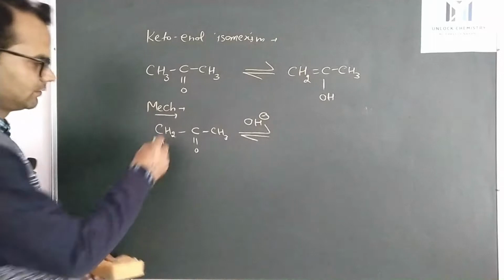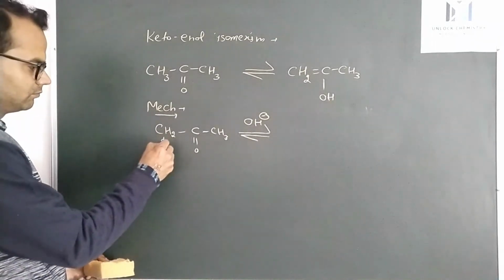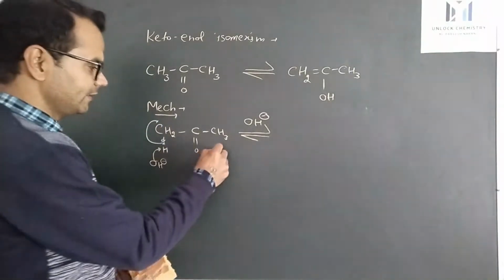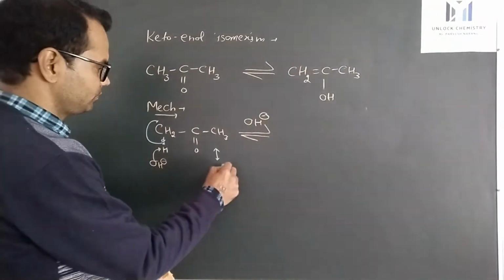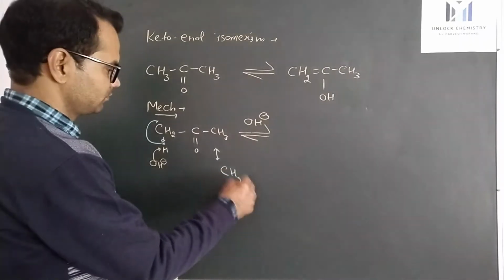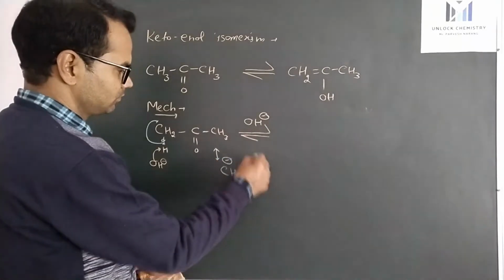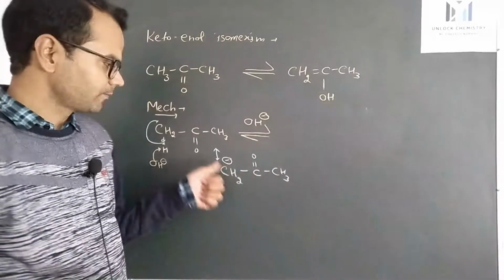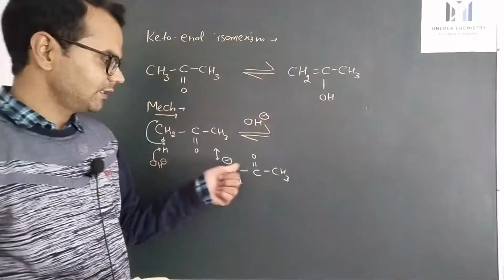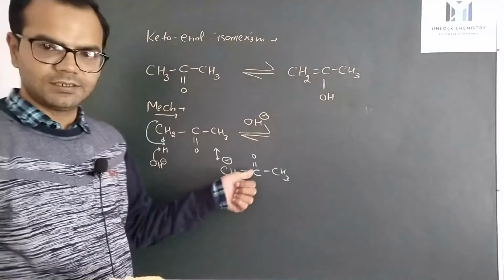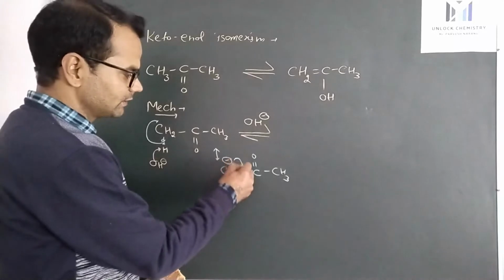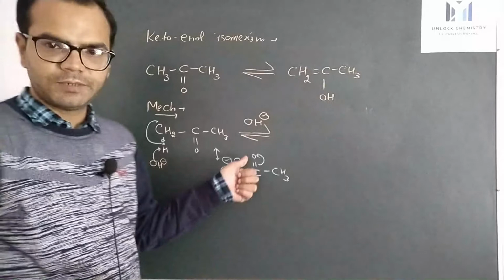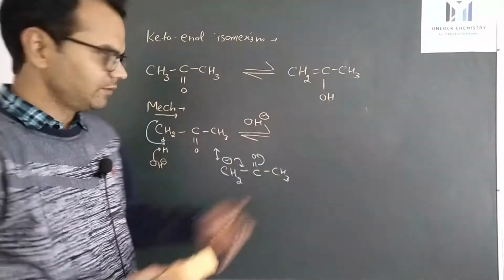As a result, these 2 electrons will move to the carbon. So we will get the intermediate. This is the first intermediate, negative charge on a carbon. Now we can see there is a resonance condition, negative, single, double. So this negative will move towards the double. Oxygen is more electronegative, it will attract the electrons. We will get a second intermediate.